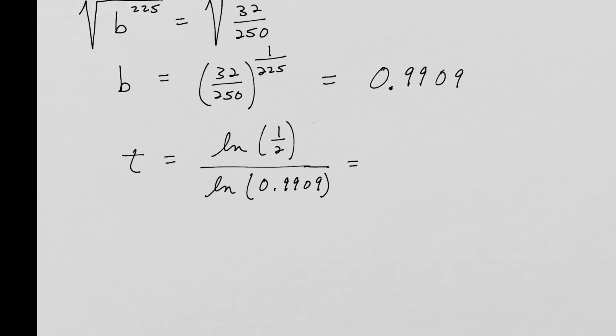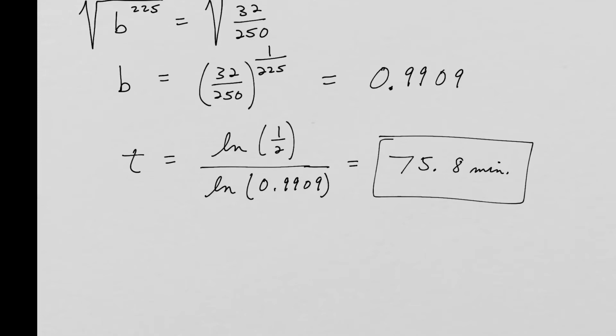We knew it had to be less than 1, and it's only slightly less than 1 because it's decaying, but it takes a long time to decay. Okay, so if I plug this into my calculator, I'm going to get around 75.8 minutes. So that would be the half-life of that substance, around 75.8 minutes.